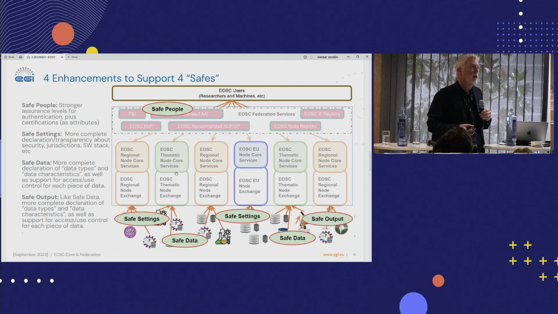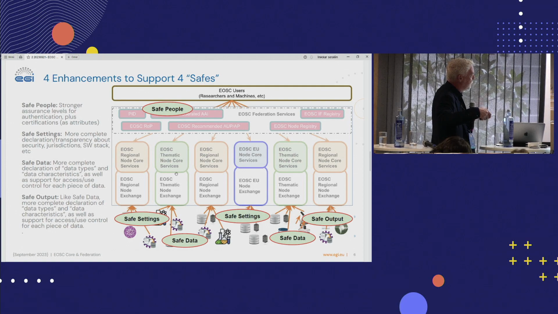In the words that the Federated AAI people might use, it's kind of attributes. In the words that, for example, the data space people talk about, it's certifications. So credentials and certifications. Then we have safe settings. This is kind of the place where everybody focuses. And I've mapped this onto sort of a little icon for a computer, a rack.